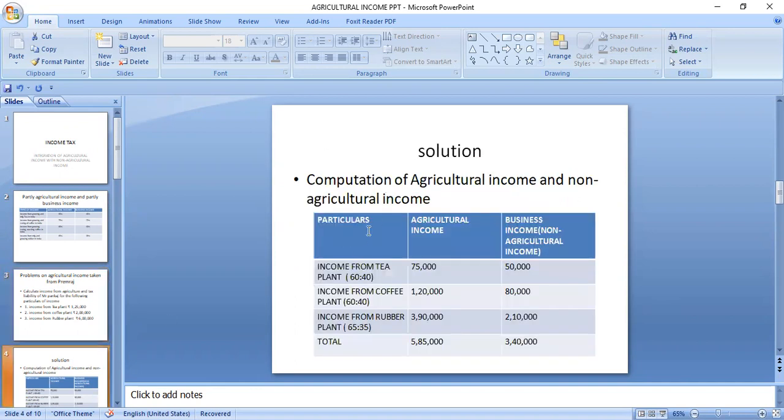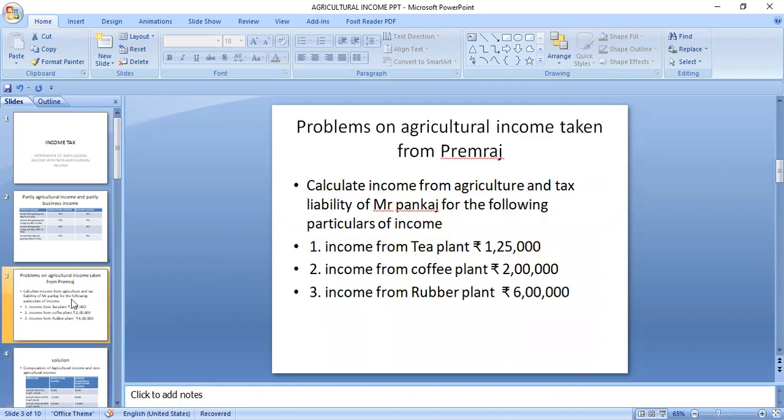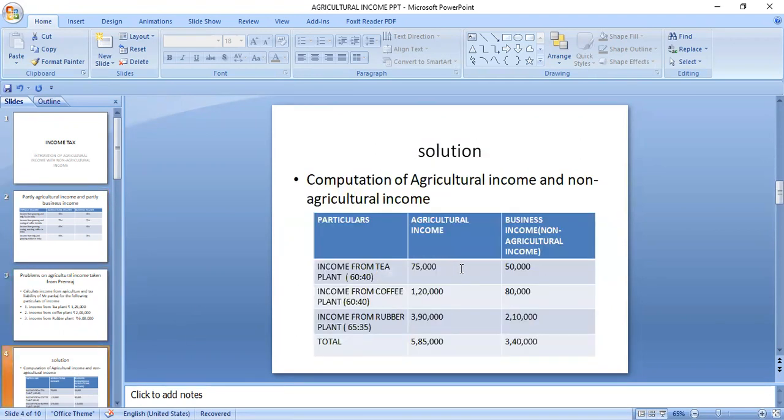Now, particulars: income from tea plant at 60-40. 60% of 1,25,000 comes to 75,000, and 40% of 1,25,000 comes to 50,000. So 75,000 is agricultural income and 50,000 is business income or non-agricultural income.